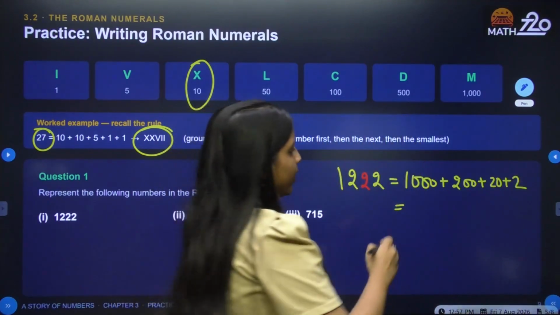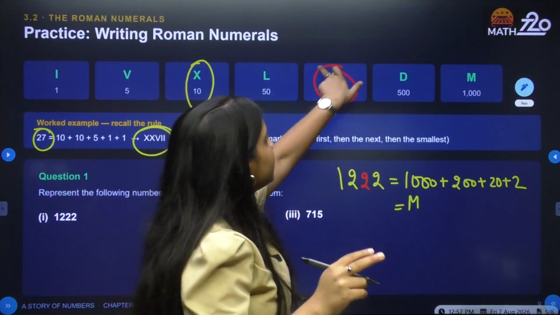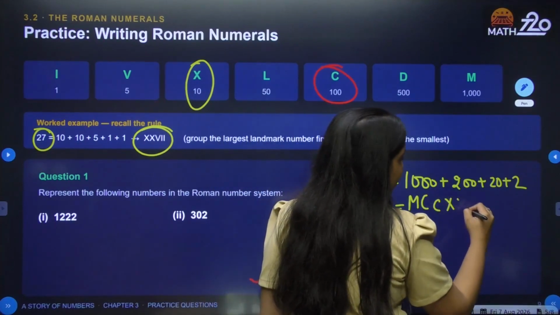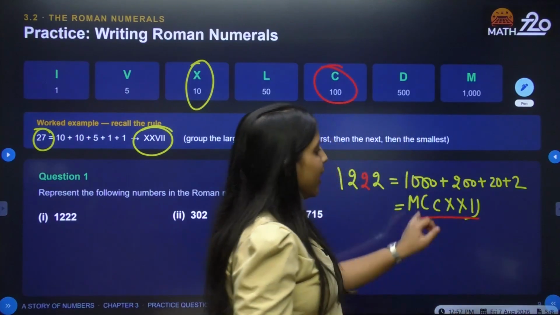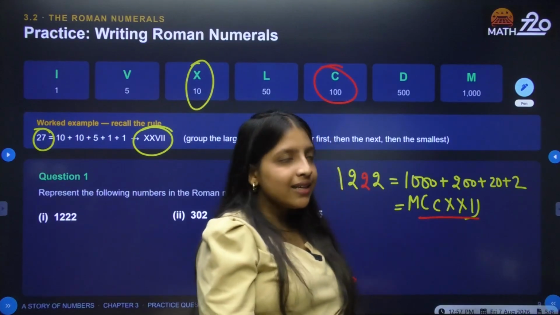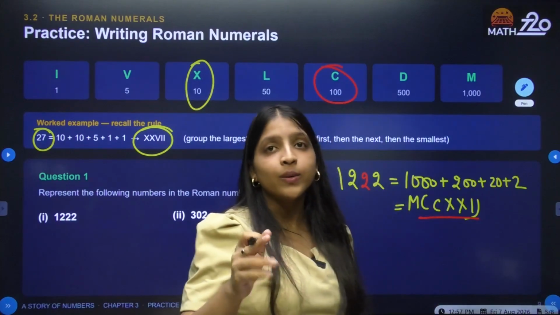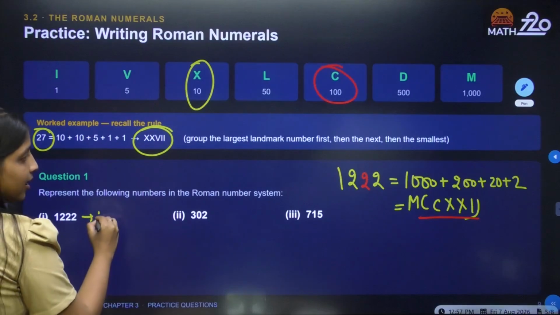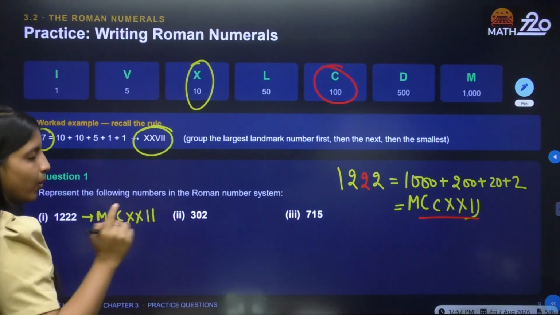M. Okay. 200 means 2C, which is C and C. 20 means X and X, and this is the representation for 2. M double C double X and double I is the Roman representation of 1222. So the answer to this question is M double C double X double I.